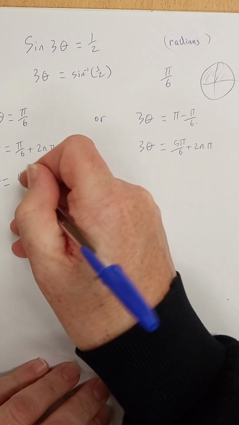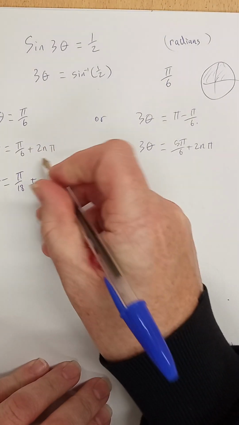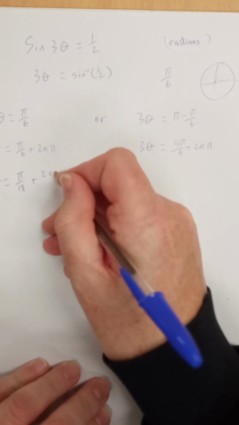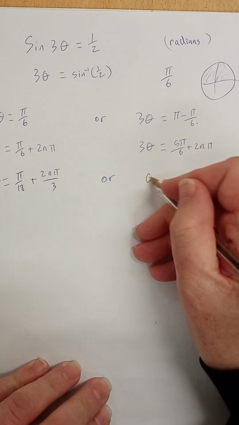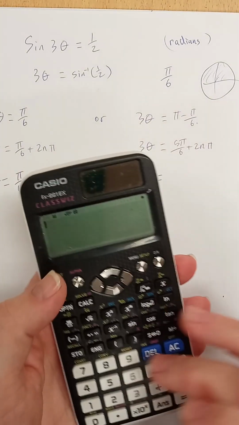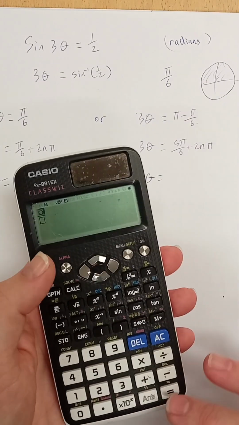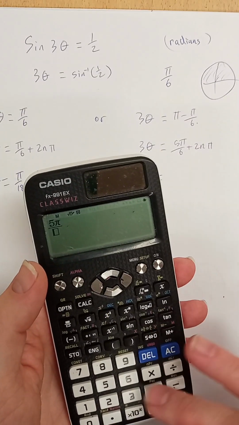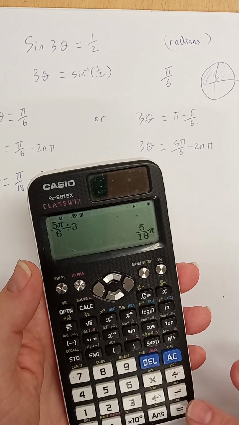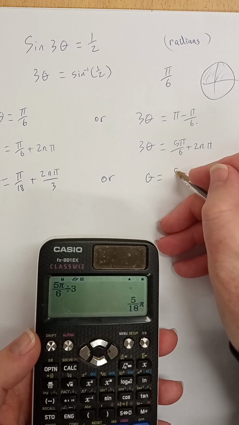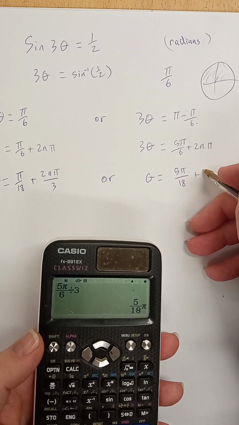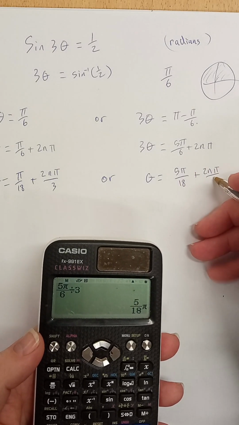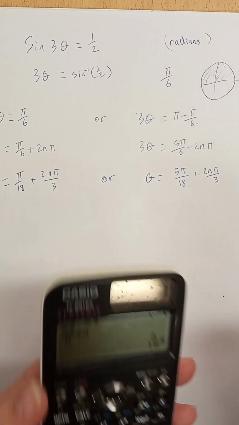Okay, so theta is equal to pi over 18 plus 2n pi over 3, or theta is equal to, let's work this one out, 5 pi over 6 divided by 3, which is 5 pi over 18, plus 2n pi over 3.